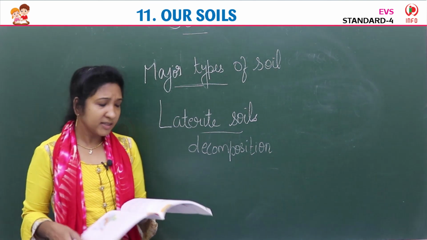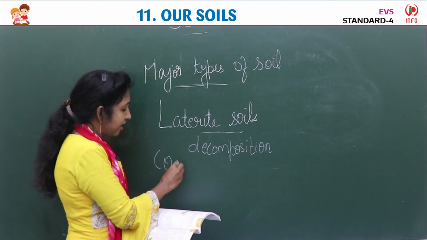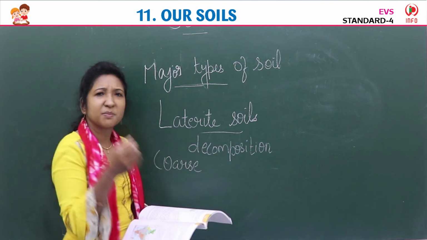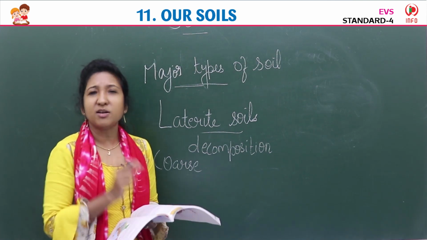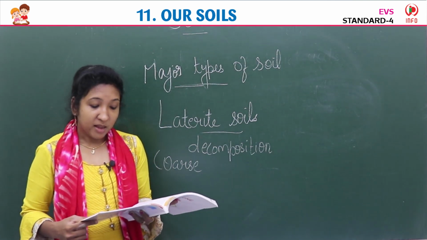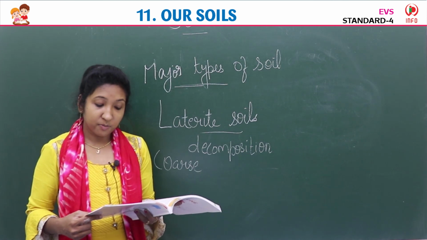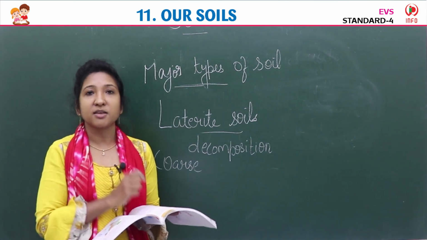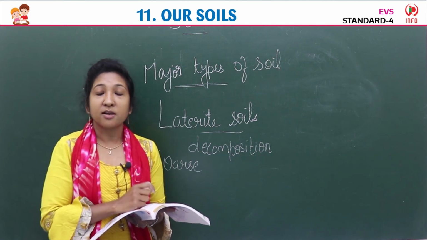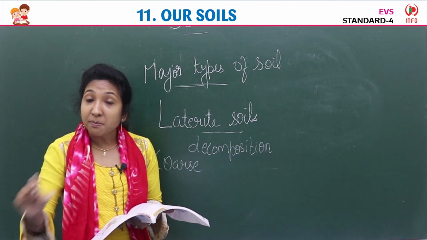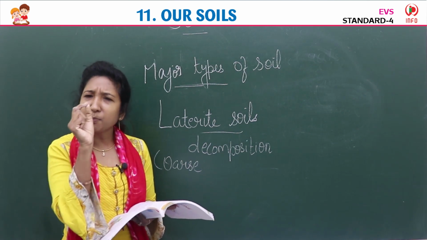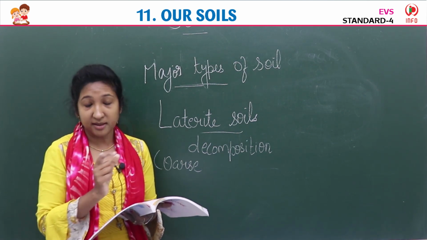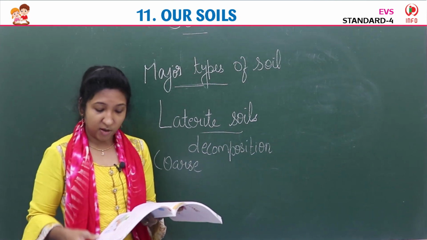They are coarse in texture, C-O-A-R-S-E. Coarse in texture means they are rough, not smooth. They are also poor in nitrogen, phosphoric acid, potash and urea. These are all minerals present in the soil. These kinds of minerals are very much lacking in this soil.